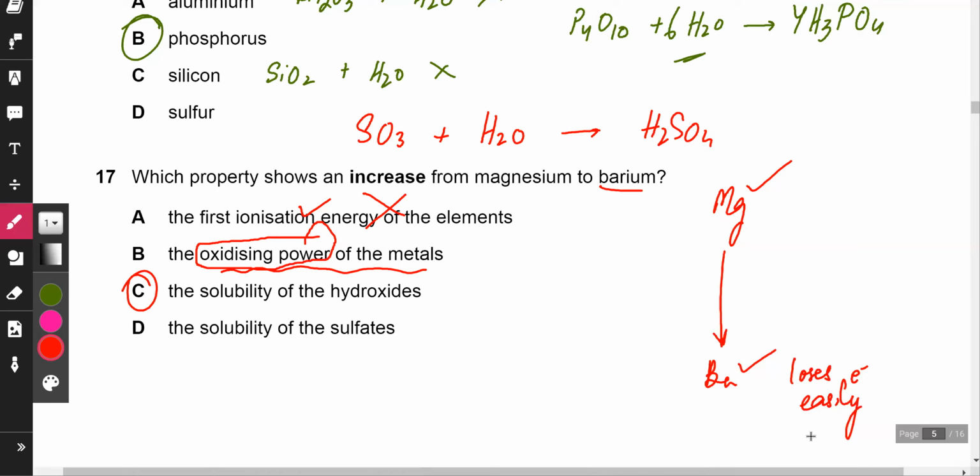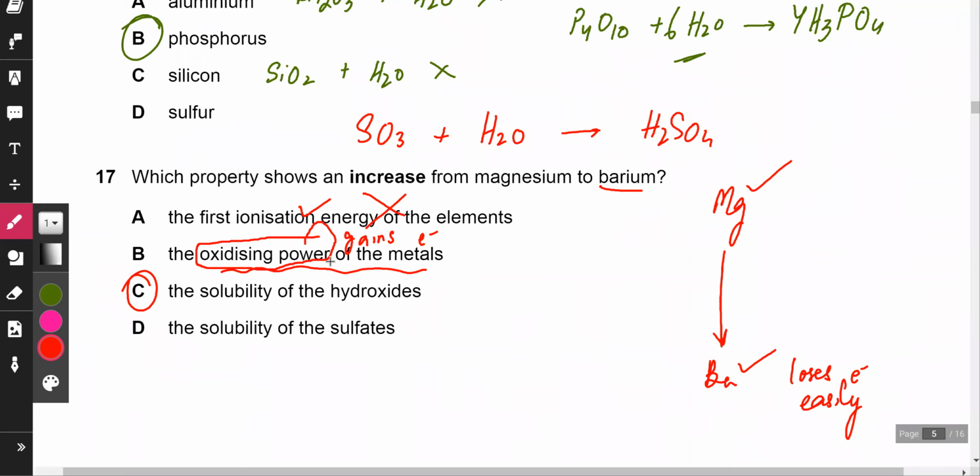What it means is getting reduced and oxidizing the other substance. So when we say a substance has oxidizing power, it is the one oxidizing the other substance, not getting oxidized itself. Itself, it would be gaining electrons. Is that clear?